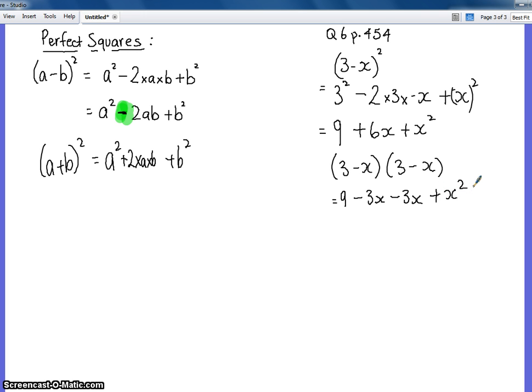Okay, what do you see at the moment? 3x minus 3x is minus 6x. And that's not what we've got here, is it? So what might we have done? What have we probably done as a problem here?